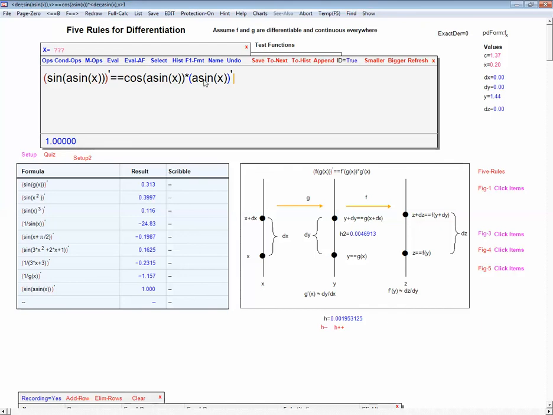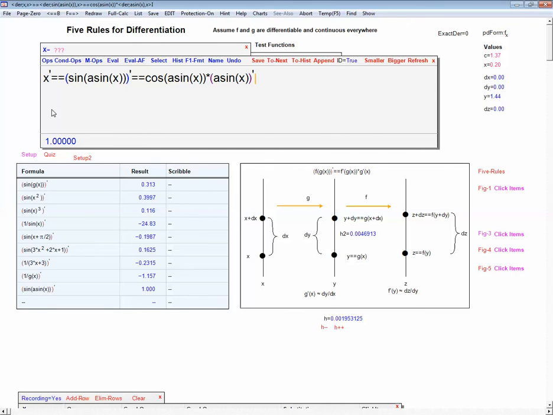We have a true formula, and now we can actually use this formula to determine what the derivative of the arc sine is. The way we do that is we go back to this, and we recall that that thing inside is just a fancy way of saying x. The sine of the arc sine of x is x.